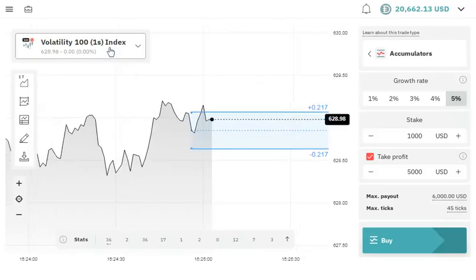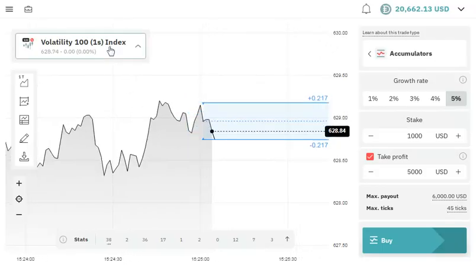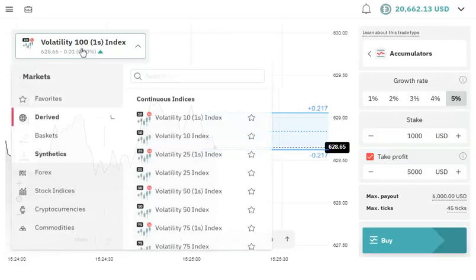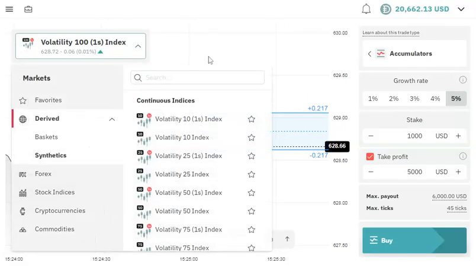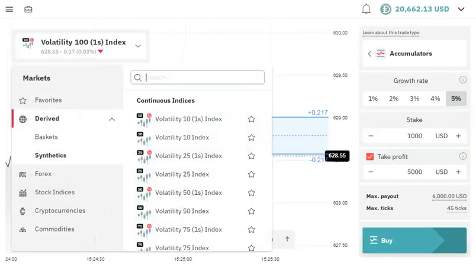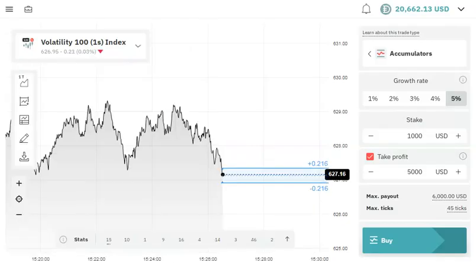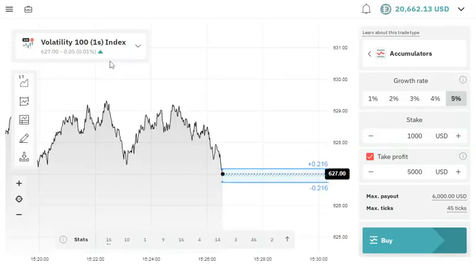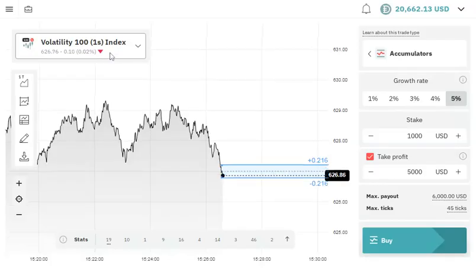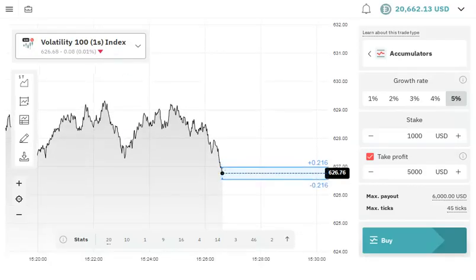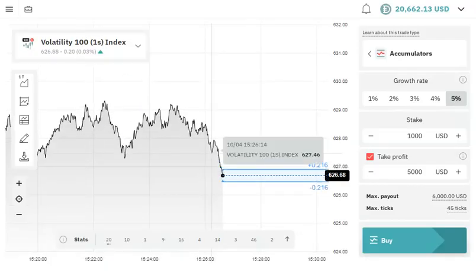We are not going to be using the Volatility 100 Index, because the pair is not very clear.